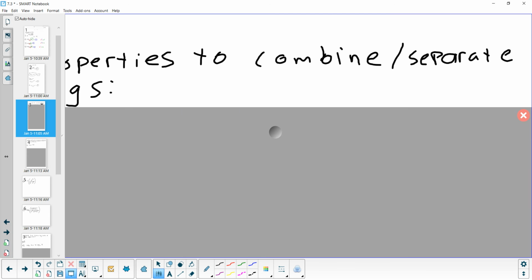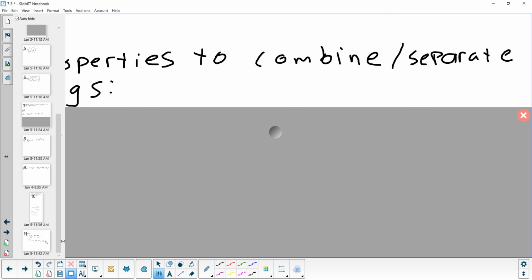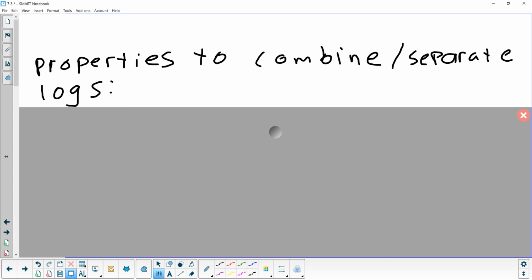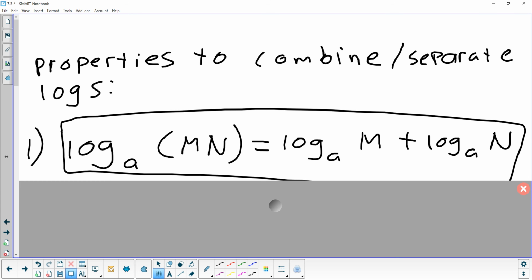So let's take a look at some properties we can use to either take logs that are separate and combine them together, or we can take logs that are already combined and separate them apart. Let's start out with this first property.